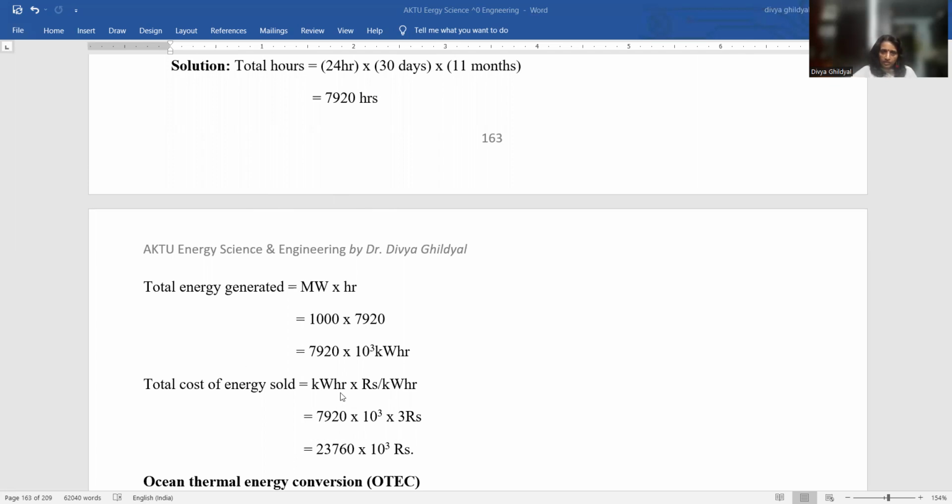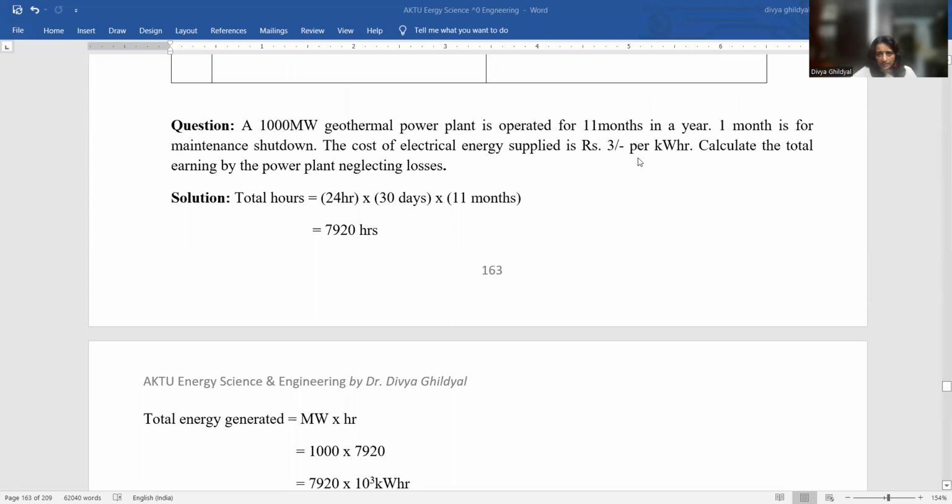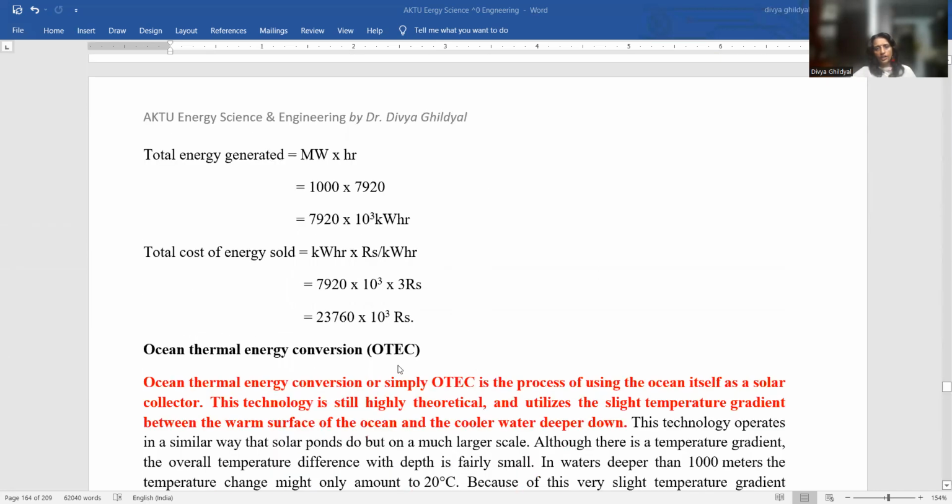Total cost of energy, we take usually cost of energy in kilowatt hours into rupees per kilowatt hour. So for kilo, I will have to multiply this 7920 into 10 to the power of 3 by how much? Rupees 3 per kilowatt hour into 3 to get my answer.